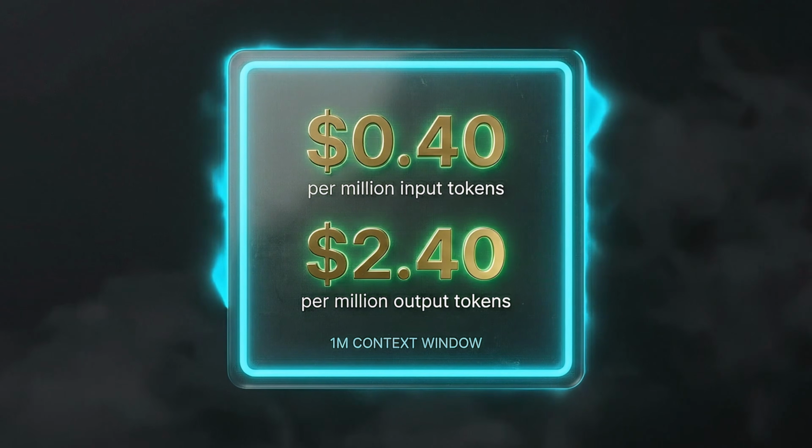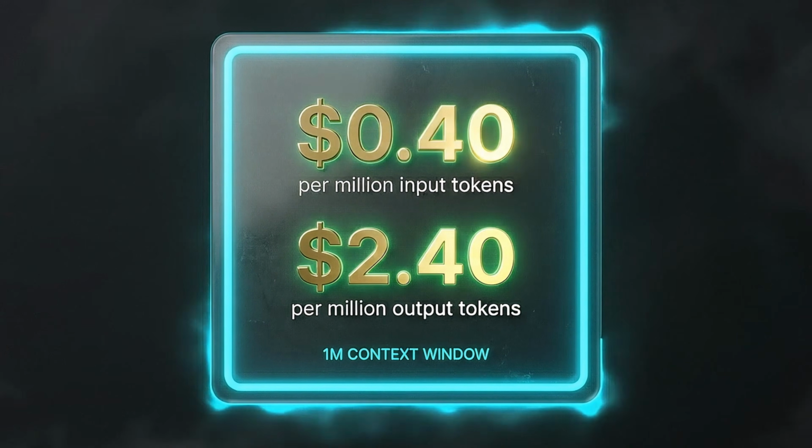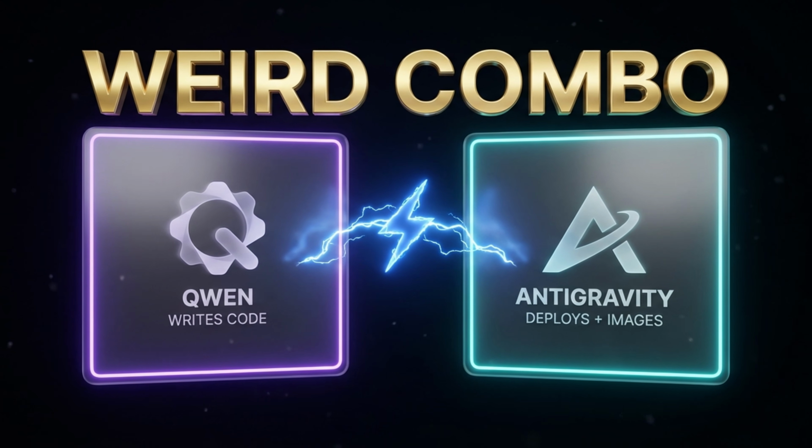It's like $2.40 per million output tokens with a million token context window. And that's the beauty of this setup. OpenCode runs inside Anti-Gravity's terminal, so you can get the coding power of Qwen 3.5 through OpenCode combined with Anti-Gravity's deployment and image generation. That's the weird combo that makes this work.